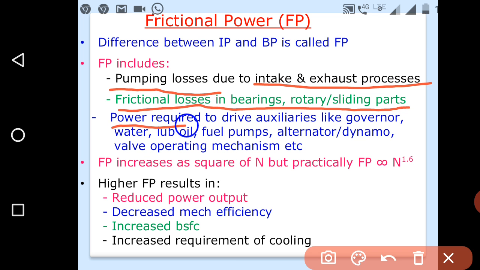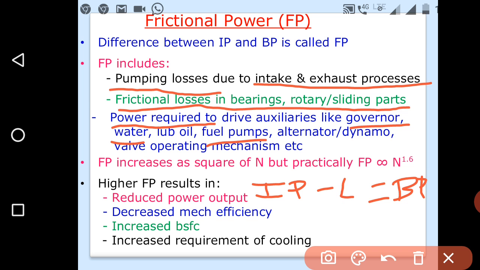Again, we are using power for driving auxiliary components like the governor, water pumps, lubricating oil pumps, fuel pumps, alternator, dynamometer, and valve operating mechanism. All these three losses we are clubbing, and by deducting these losses from the indicated power, IP minus these losses, we get the brake power.